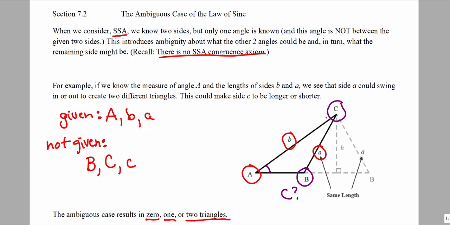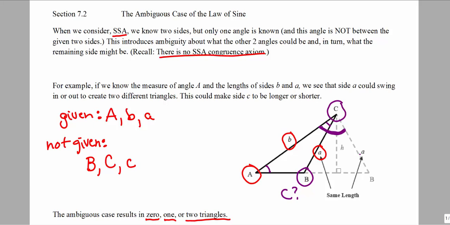If angle C swings in and makes a small angle, or if angle C swings out and makes a large angle, the length of A could still be the same in either case. So the length of side A, here in this little example, is exactly the same whether angle C swings in or swings out.